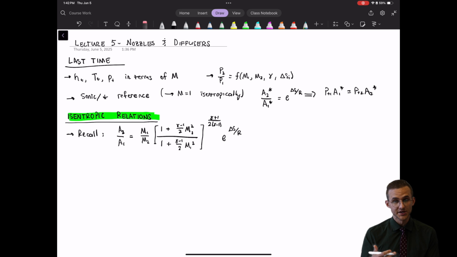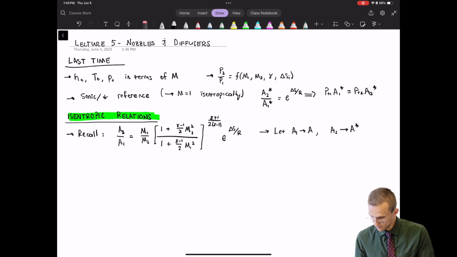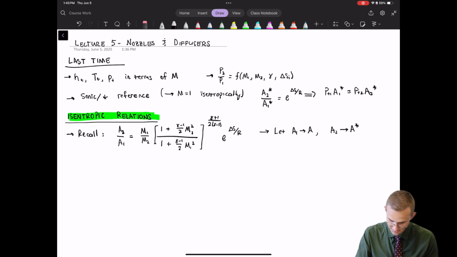Okay, so if we use this relation between a general state and its sonic reference, let's say A1 just be called A, so your cross-sectional area for a random state. And then let's say that A2, the second state that you're trying to define for this ratio, is equal to A star. Well, in fact, let's actually flip these because I don't want to accidentally make a typo here.